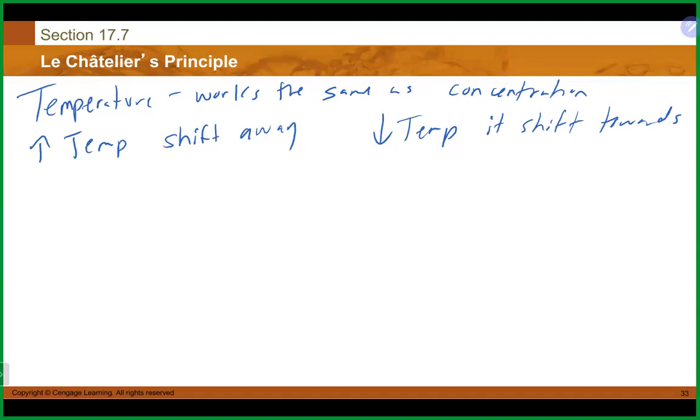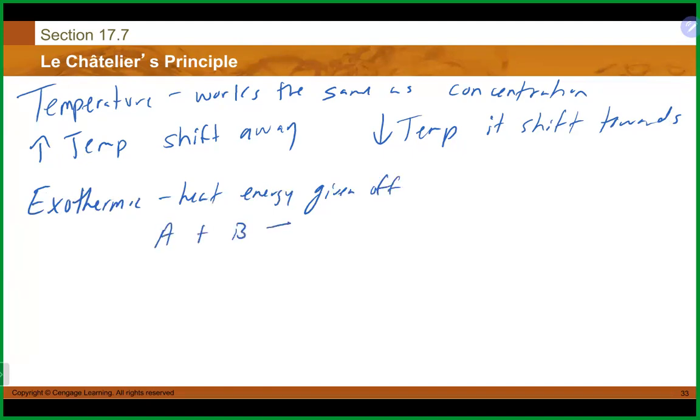There are two types of reactions that we deal with, the first being exothermic reactions. An exothermic reaction means that heat and energy is given off. When we think about an exothermic reaction, not correct in all aspects, we think of heat and energy as being a product, like it's being given off.